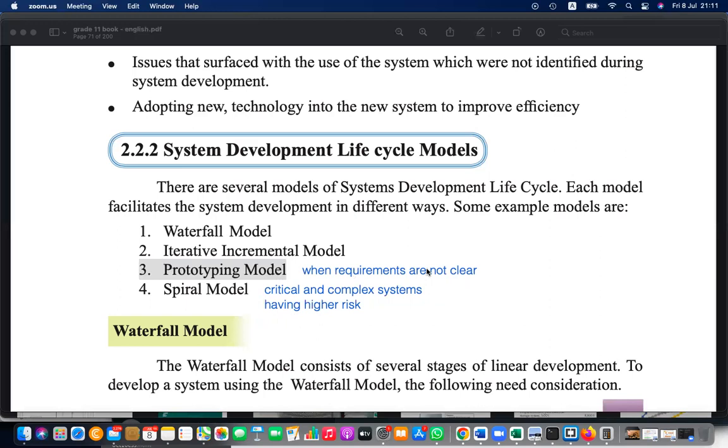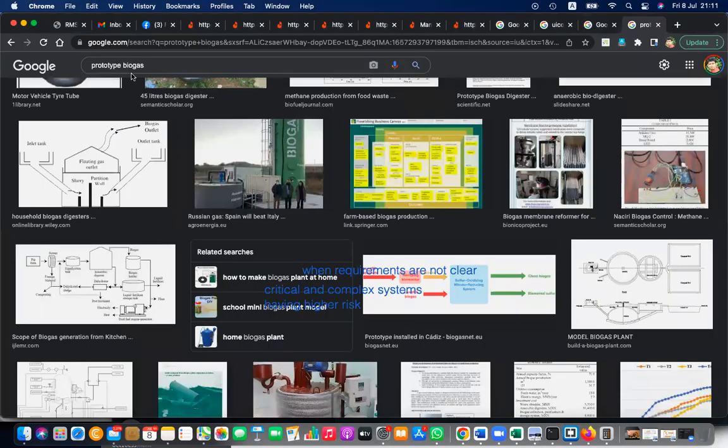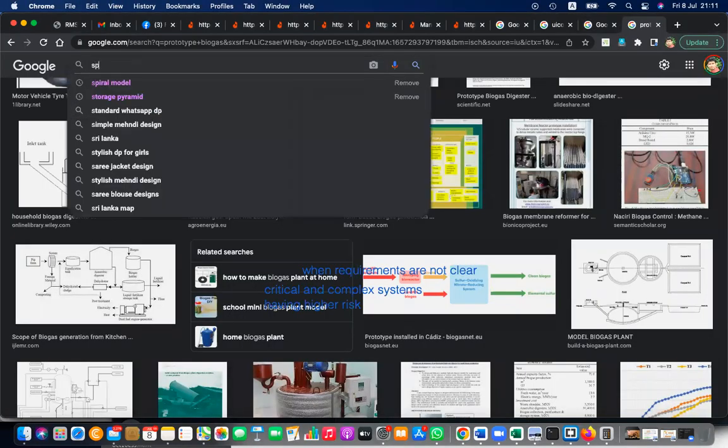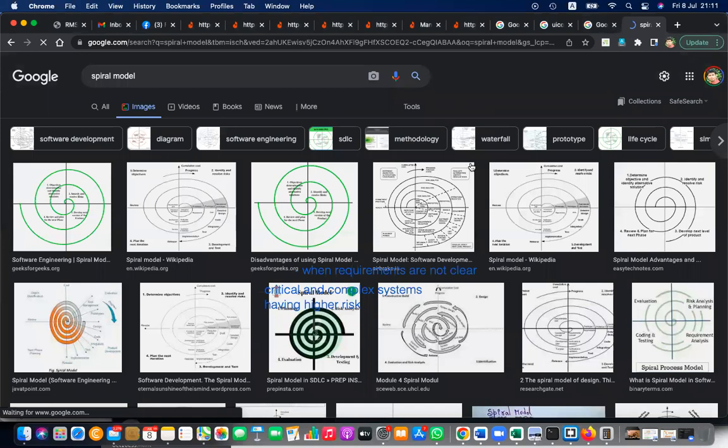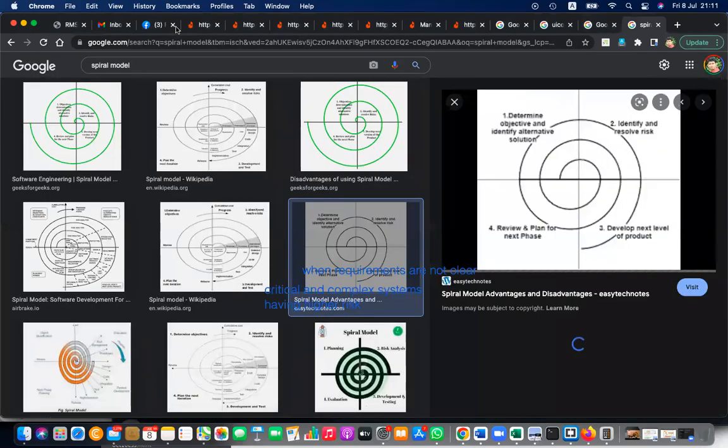Let me show that, because it is not explained in the book. In the spiral model, the main focus is given to reducing and resolving the risk.